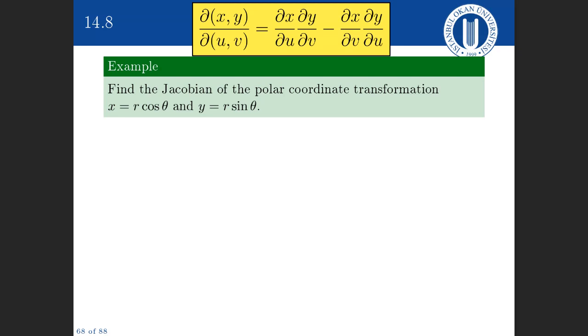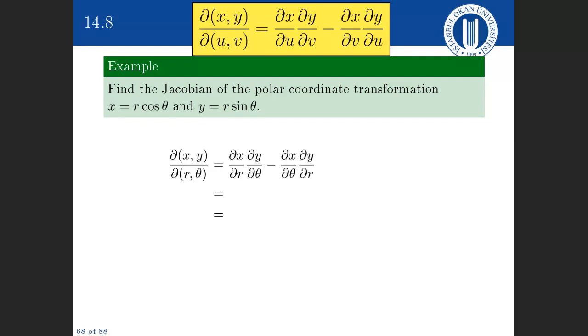For example, find the Jacobian of the polar coordinate transformation. x is equal to r cos theta and y is equal to r sine theta. So I want to calculate d(x,y) over d(r,theta).